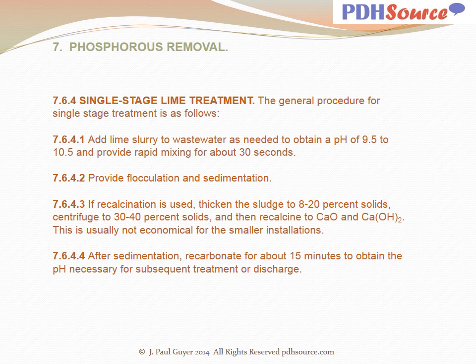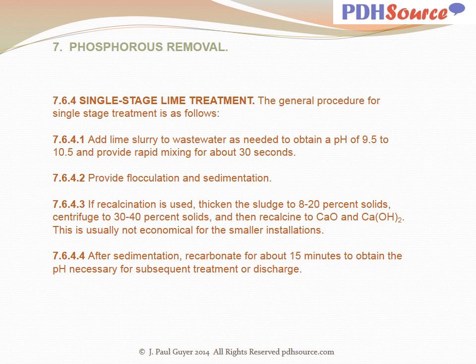The general procedure for single-stage lime treatment for phosphorus removal purposes is as follows. Add lime slurry to the wastewater as needed to obtain a pH of 9.5 to 10.5 and provide rapid mixing for about 30 seconds. Provide flocculation and sedimentation.